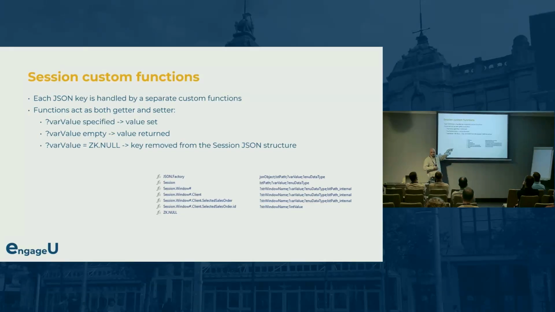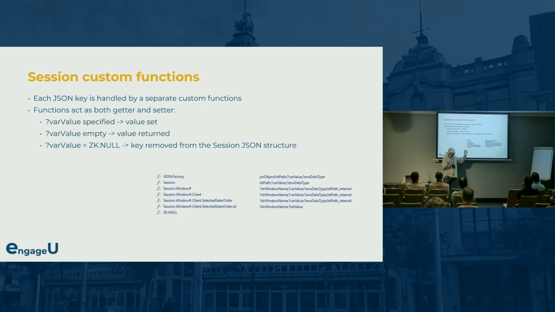We always wrap it in a set of custom functions. How do they work? Let's say I want to set the order ID for my window. When I specify a value in this parameter, it will be set. If I call the same function without any value, it will get me the current value for that JSON key.